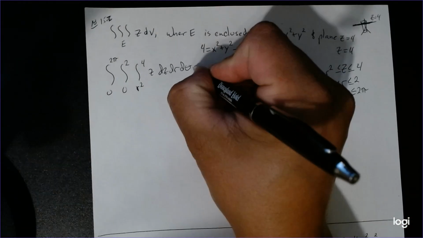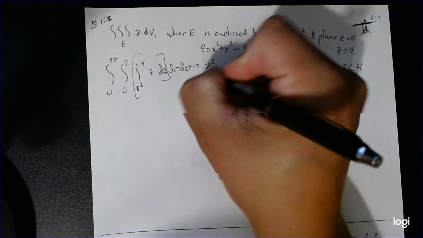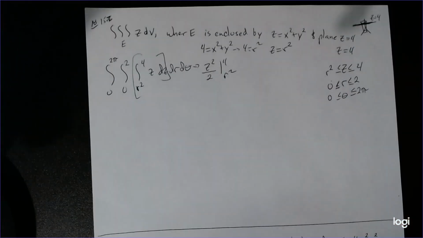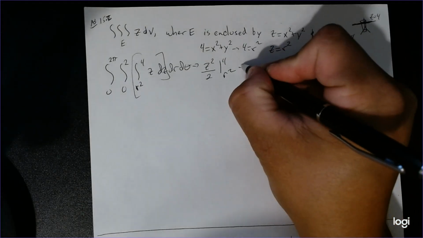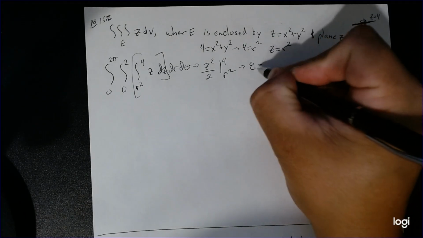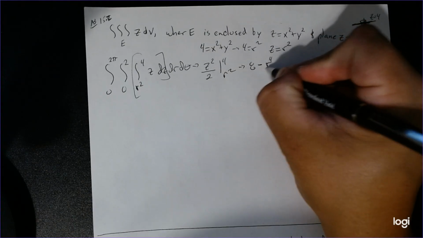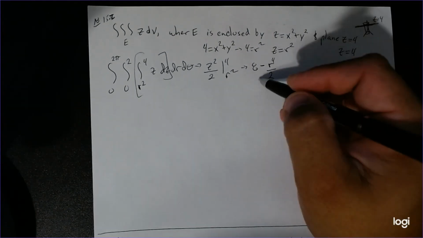So this is going to be, again, I only look at that. z squared over 2, evaluated at 4 and r squared. All right, so plug in 4, that's 16, divided by 2 is 8, minus, plug in r squared, so that's going to be r to the 4th over 2. All right, so that's the answer to the first one.